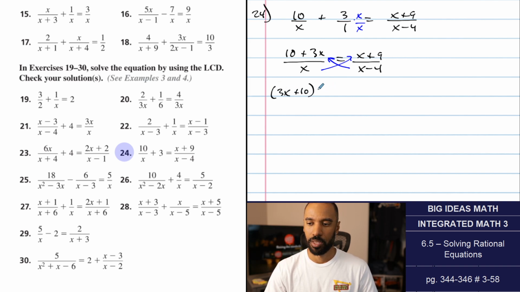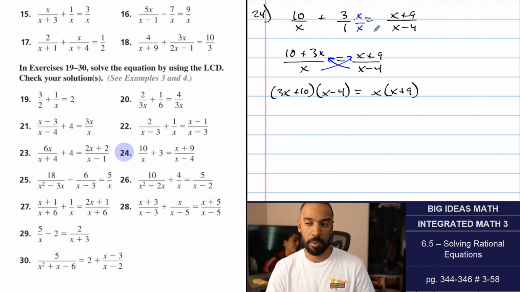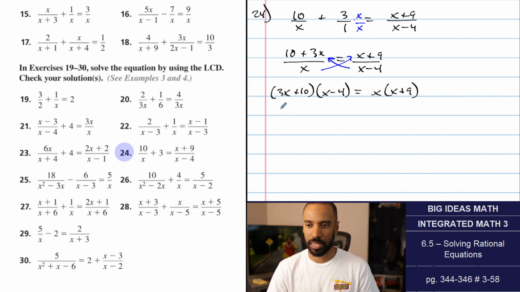3x plus 10 multiplies with x minus 4, and x multiplies with x plus 9. Is this faster, slower? For this problem, it might be faster, because otherwise I have to multiply by x and x minus 4, and yeah, we'll just get there. 3x squared minus 12x plus 10x minus 40 equals x squared plus 9x.